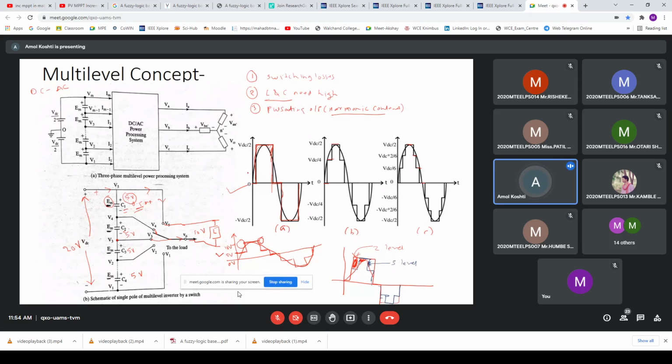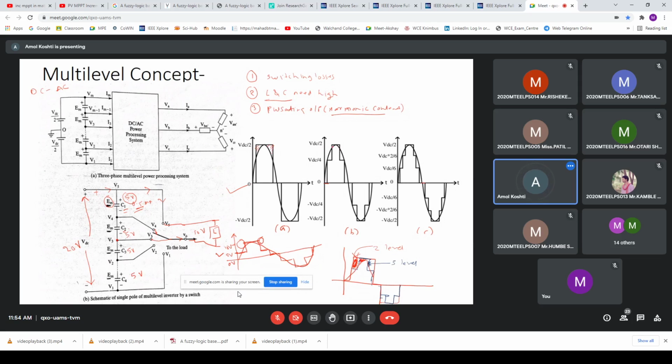Or you can also compare this. If you are not getting my diagram, you can see part of the output. So now I don't want this. I don't want this.